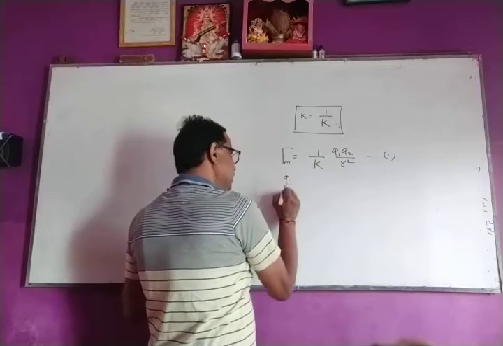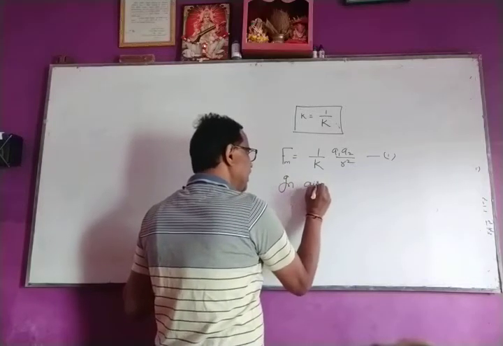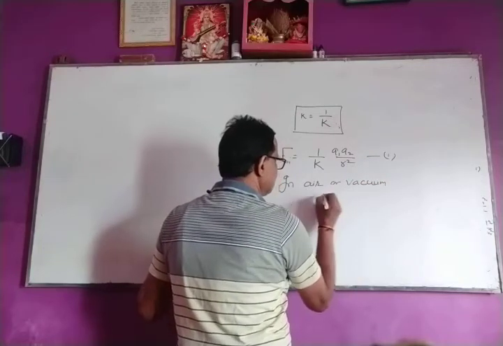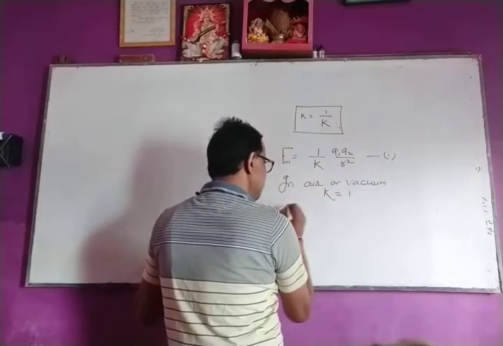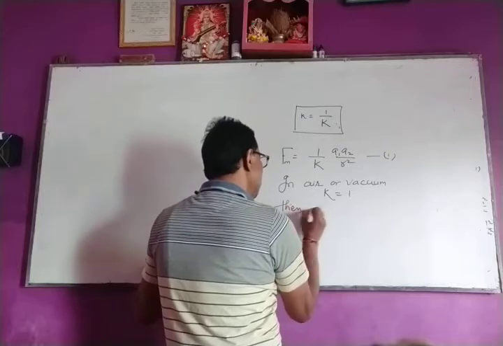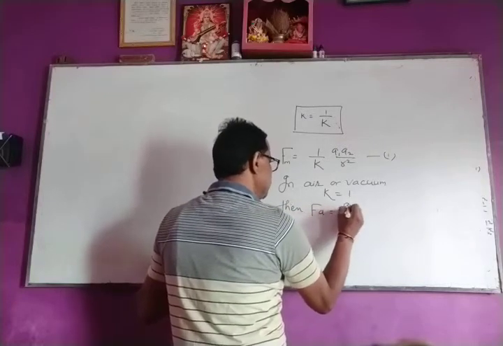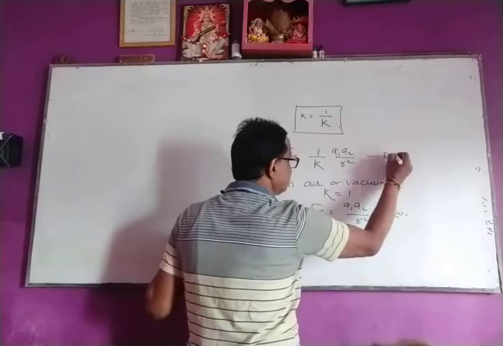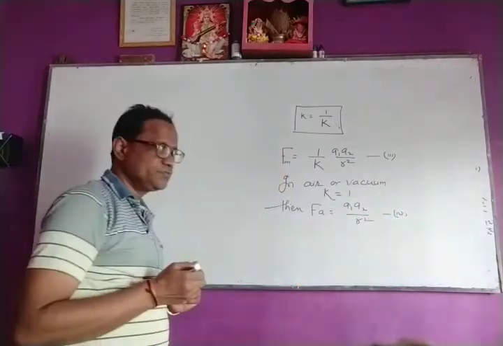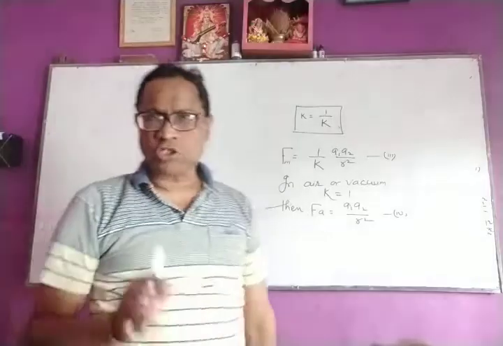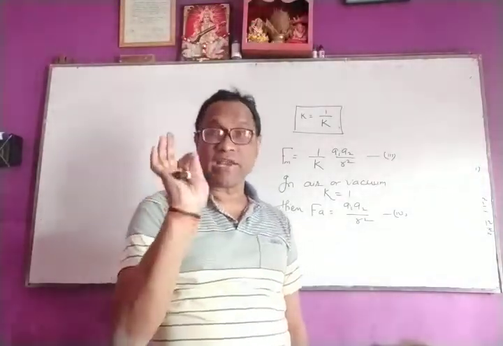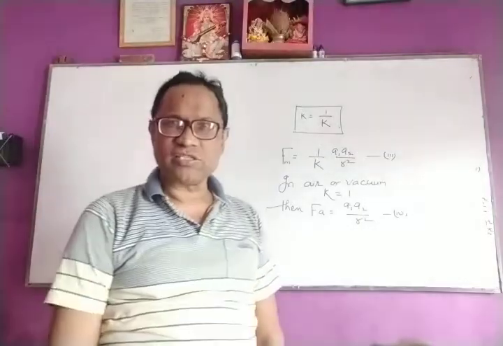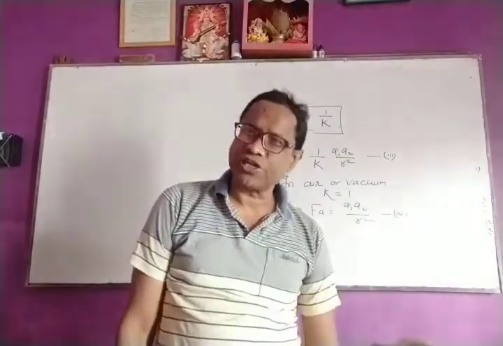In air or vacuum K is equal to 1, so then Fa is equal to Q1 Q2 by R square. The constant of proportionality is replaced by 1 by K, where capital K is the dielectric constant.